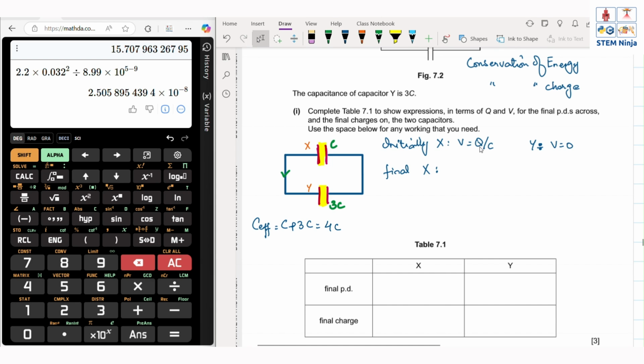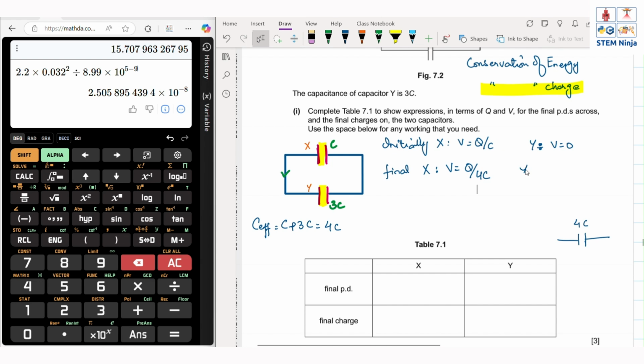So the charge in total will remain the same. When we compare this with a net capacitance of 4C, the charge initially will be the same as after because there's a conservation of charge. Charge has no other place to go from X to Y, so the net charge will be the same. So it will be just Q over 4C.